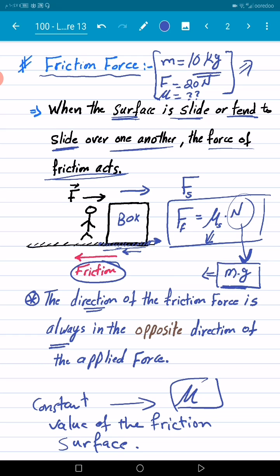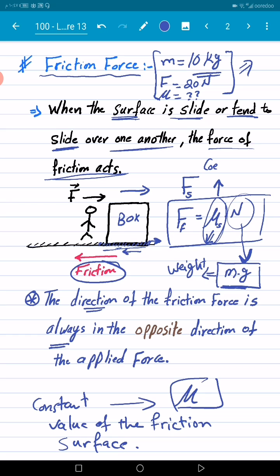The friction force is equal to the constant, the coefficient. That is the coefficient of the friction. I write it, the coefficient of the friction. He wants the coefficient.